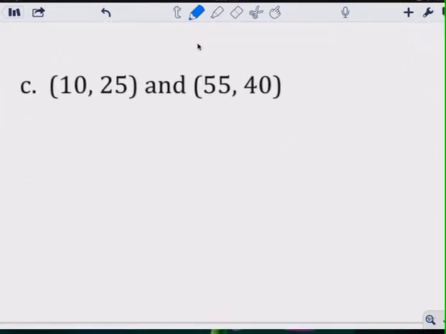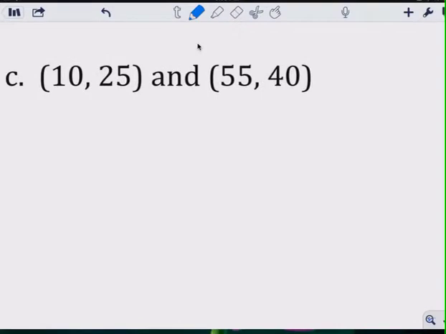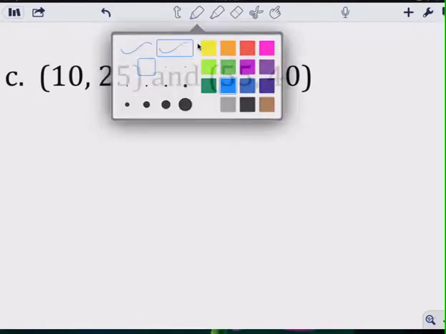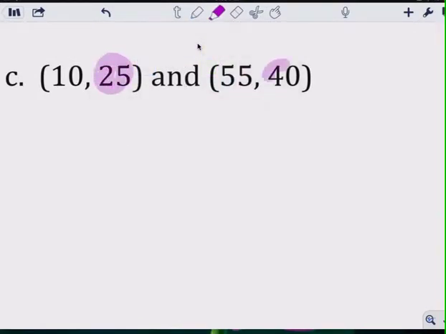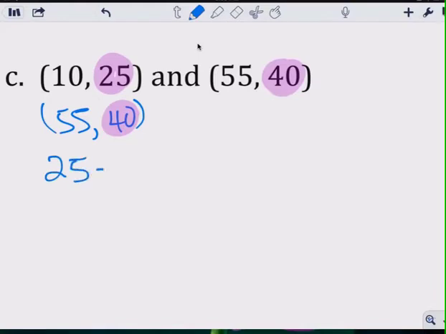This one here, you take your Y's, 25 and 40. If it confuses you, write the other one down here, 55 and 40. You take the Y's with each other, so it's 25 to 40, and over the 10 to 55.